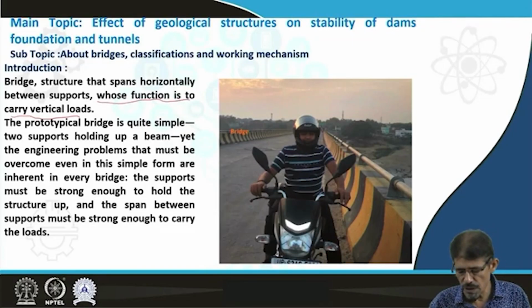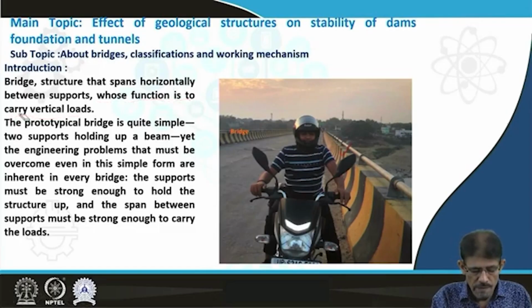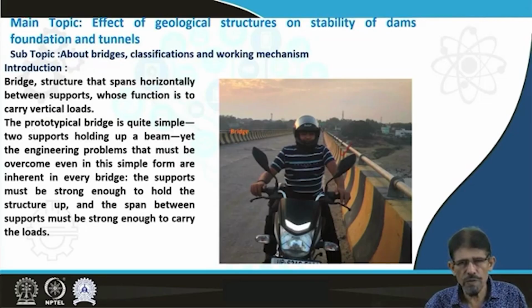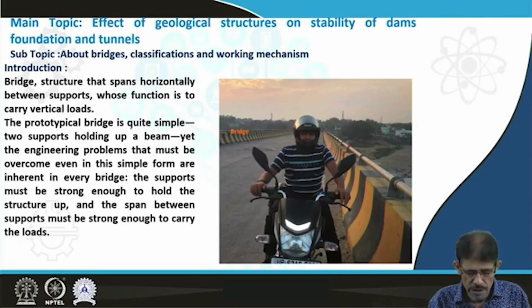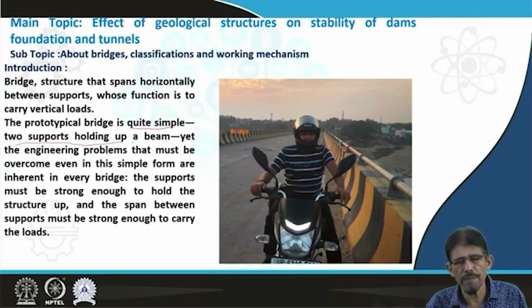Here you can see one view of the carriageway on a bridge. The whole load of traffic on this road is transferred vertically to the foundation strata. The prototype bridge is quite simple, and two supports holding up a beam is recognized as a bridge.